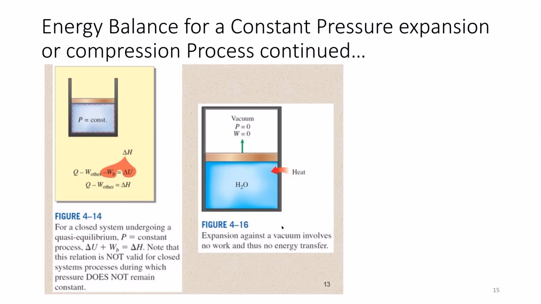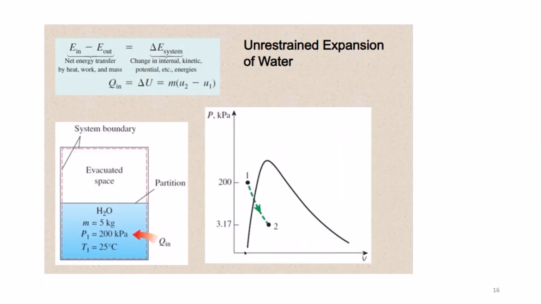In a case like this, so if it's against the volume, there's no work and no energy transfer, right? Because you have no change in pressure, so you have no work being done. Okay. And here's the equation for expansion of water, right?